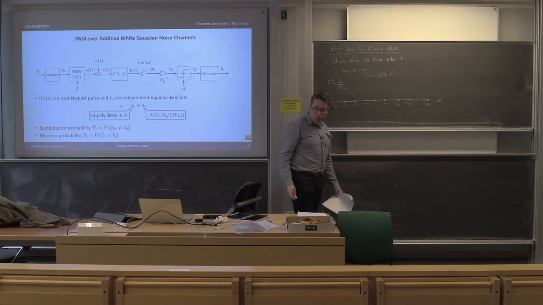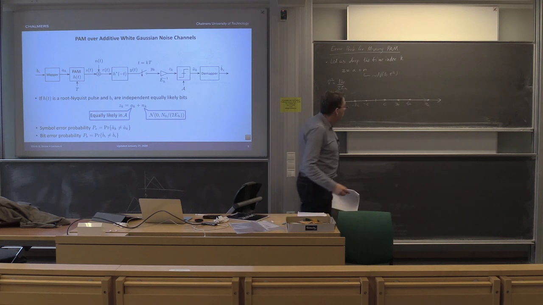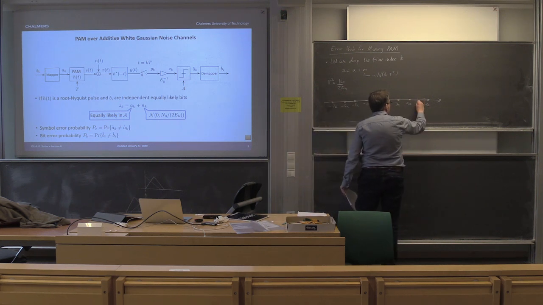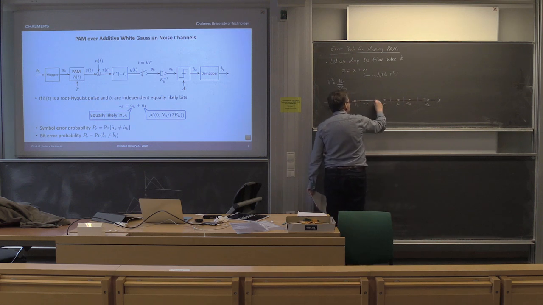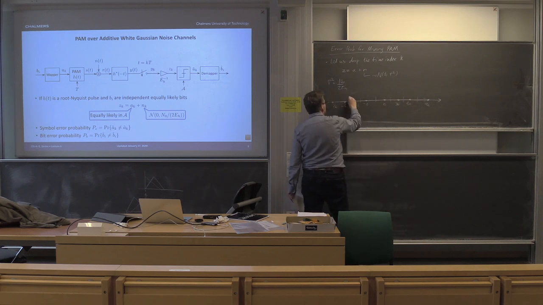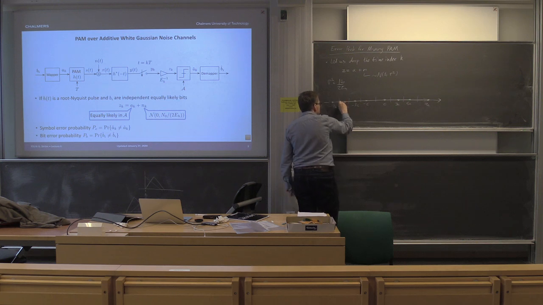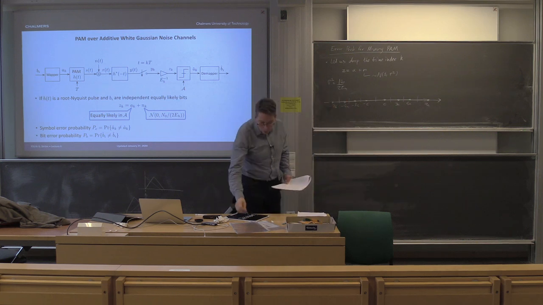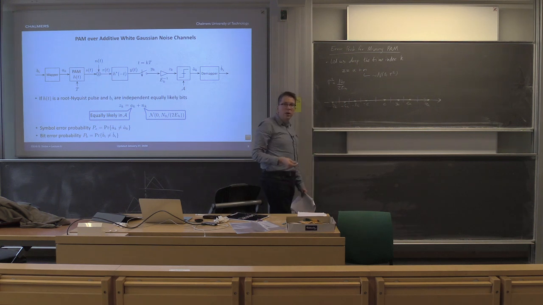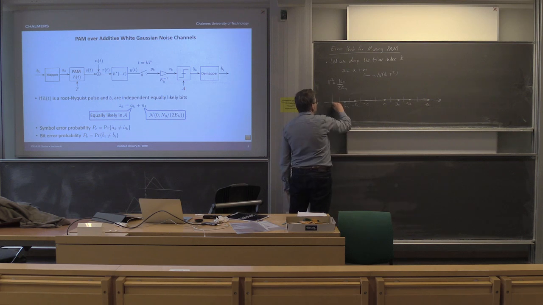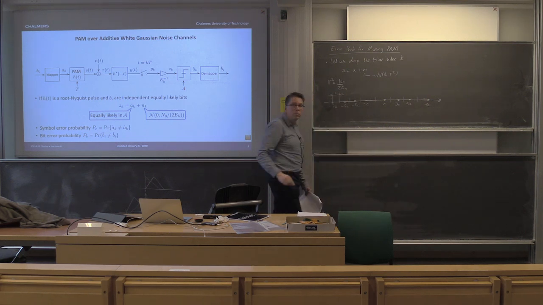Then we have decision regions. The decision region boundaries are in this purple color here. It's in between adjacent signaling points. So the distance between a signaling point and its neighboring decision boundary is C. Right?